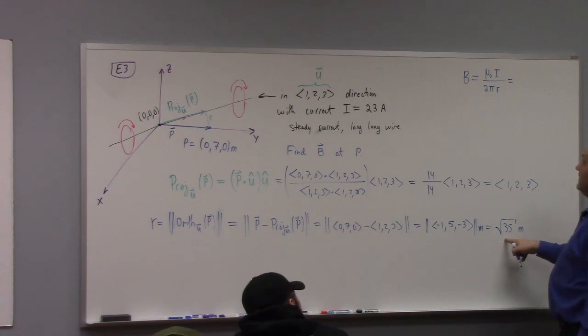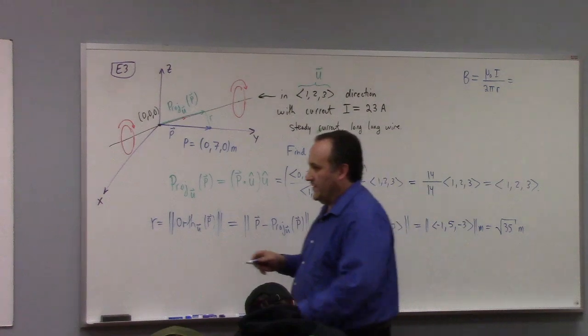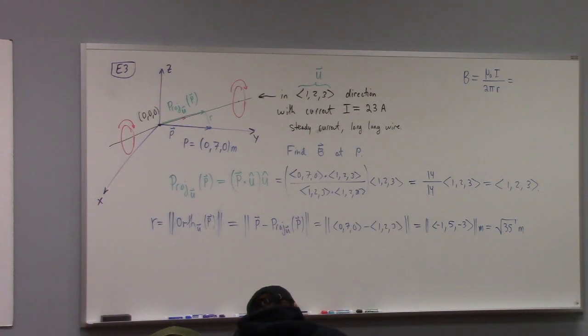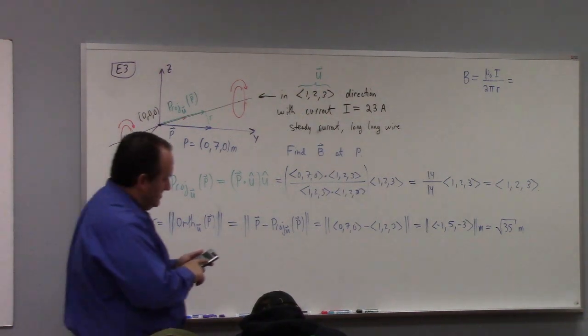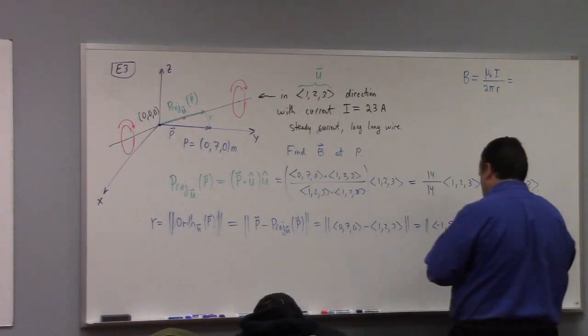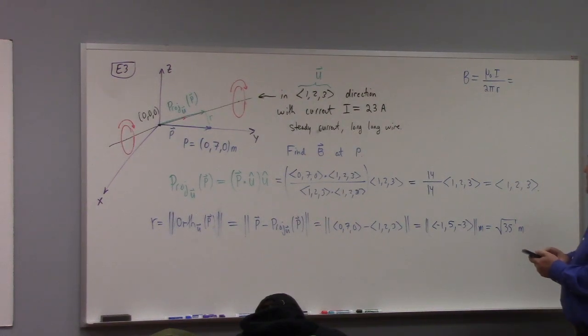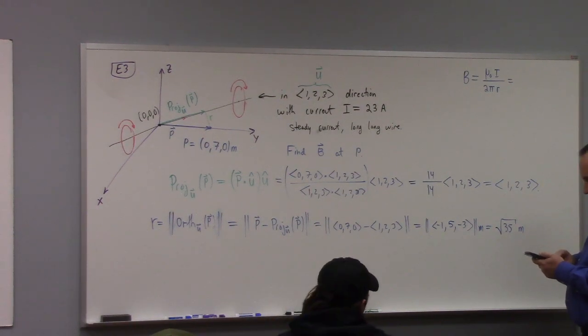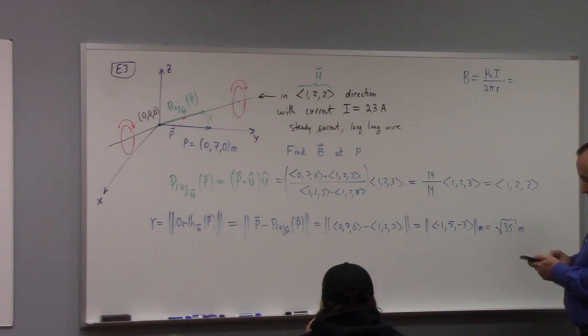So we got the square root of 35 and I. Let's work it out. 4 pi times 10 to the minus 7, divided by 2, divided by square root of 35, I think.